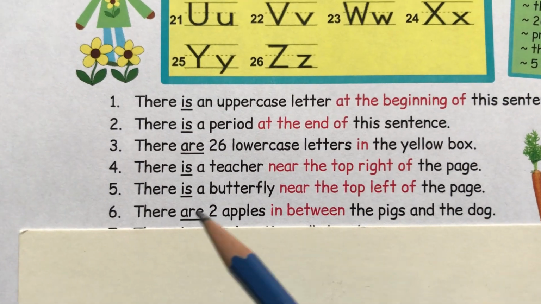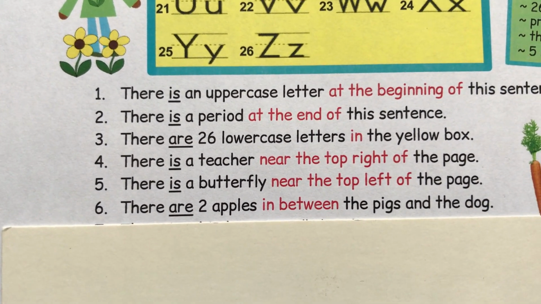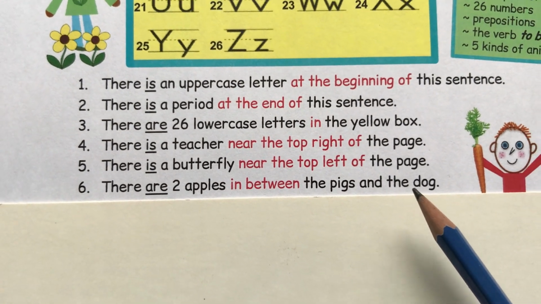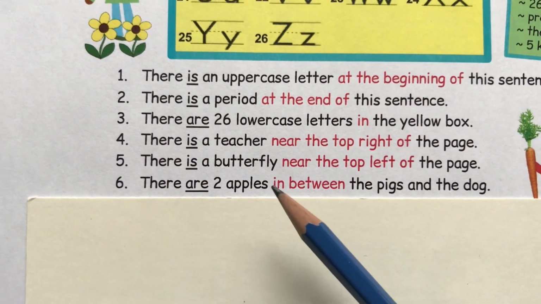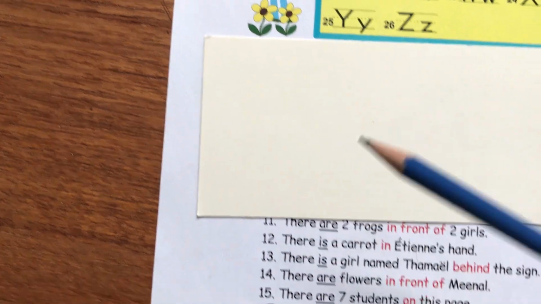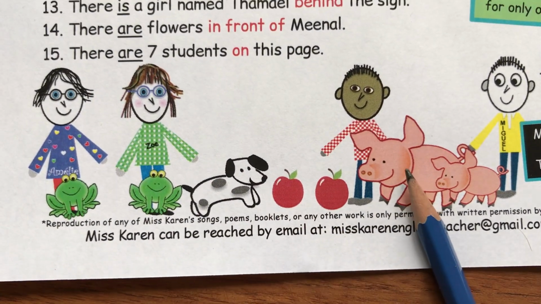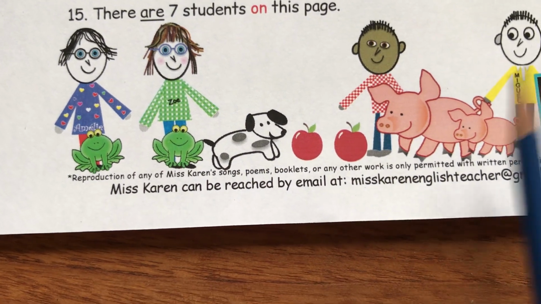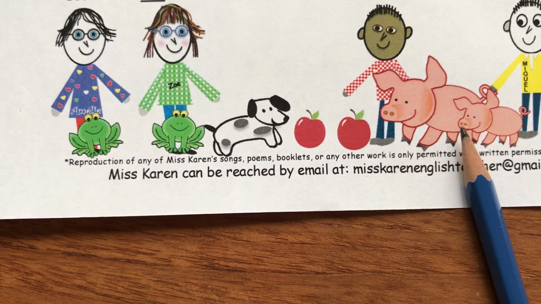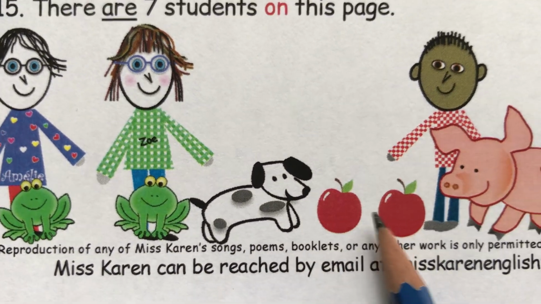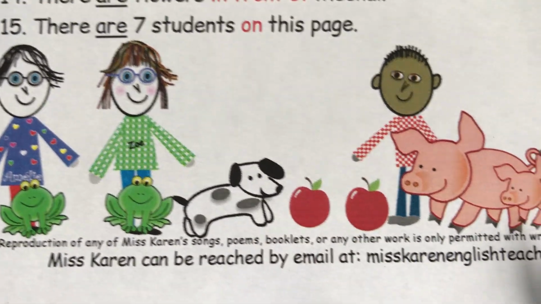Number 6. There are 2 apples in between the pigs and the dog. There are 2 apples. Well, let's look here at the bottom. These are the pigs, 1, 2, and the dog, 1 dog. 2 apples are between.